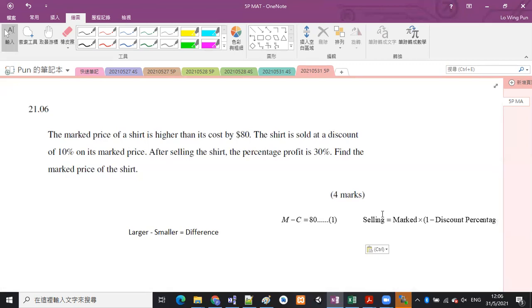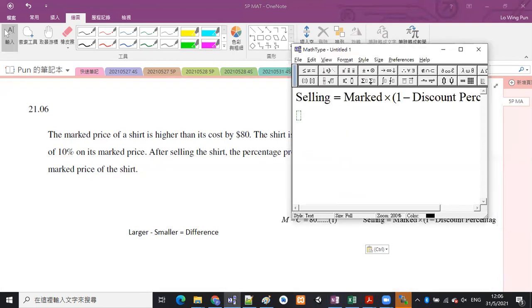So we also need to let S be the selling price. So it should be like this. S is equal to M times 1 minus 10%. Okay? And then we just simplify the 1 minus 10% first. So S is equal to 0.9 times M. And then let us call this equation 2.